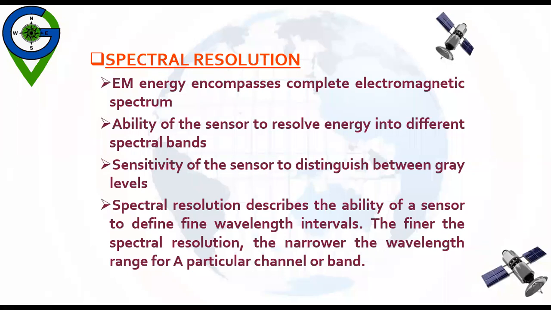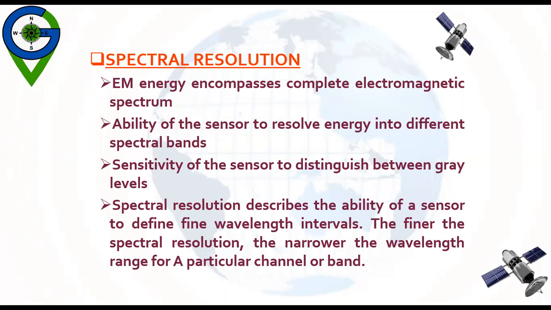In the last lecture, we learned about the spectral response and spectral reflectance curves that characterize the reflectance and emittance of a feature or target over a wide variety of wavelengths. Different classes of features and details in an image can often be distinguished by comparing their response over distinct wavelength ranges.